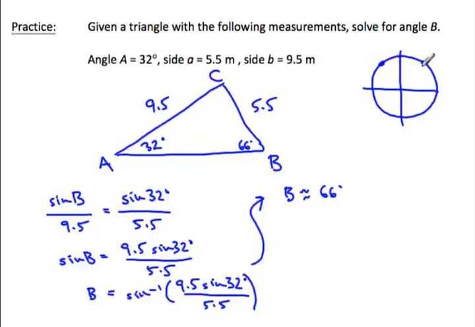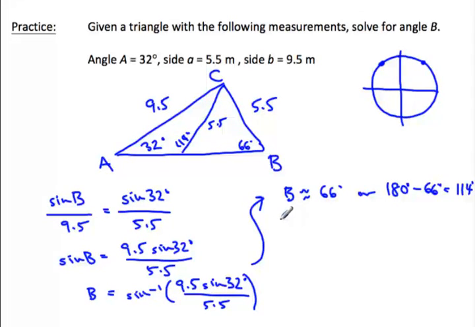We can think of it being this one over here, the 66 degrees, and this one over here, which is going to be equal to 180 minus 66 degrees, which is equal to 114 degrees. So that means that the other possible answer for angle B is 114 degrees, and that will arise if we swing this pendulum over this way, so that the 5.5 is here and this angle is 114 degrees.